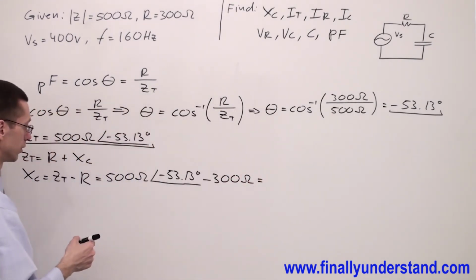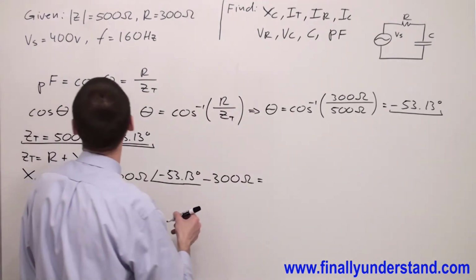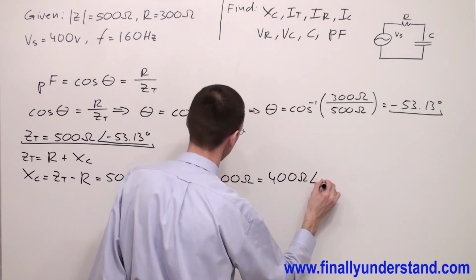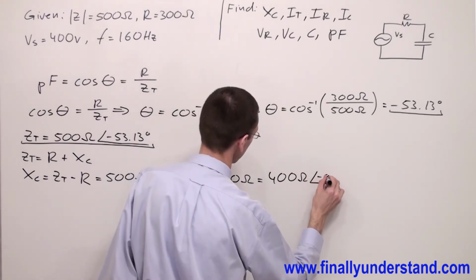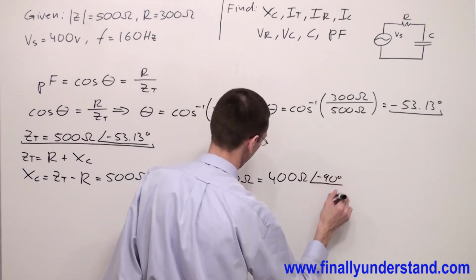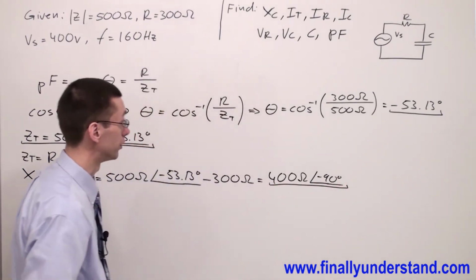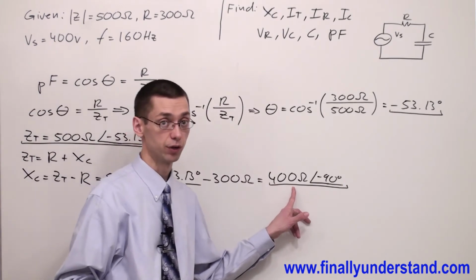Use the calculator and you're supposed to get the value 400 ohms and angle of negative 90 degrees. So this is the value of the capacitive reactance.